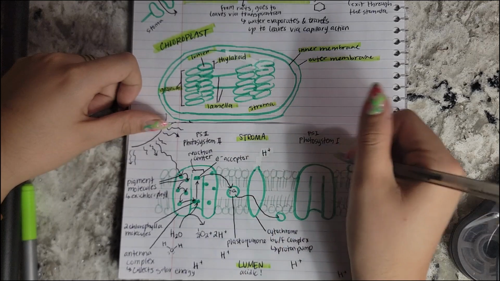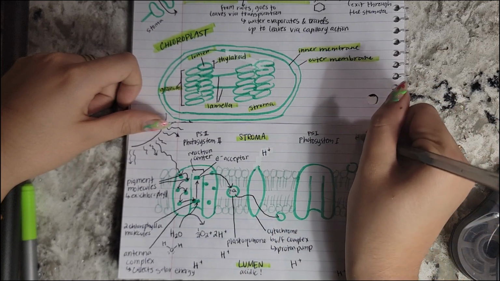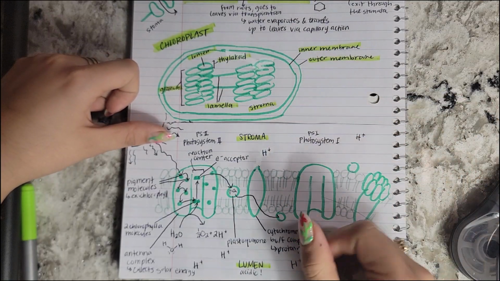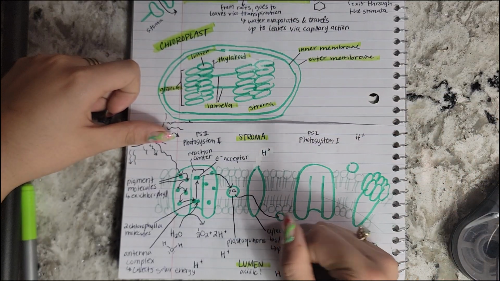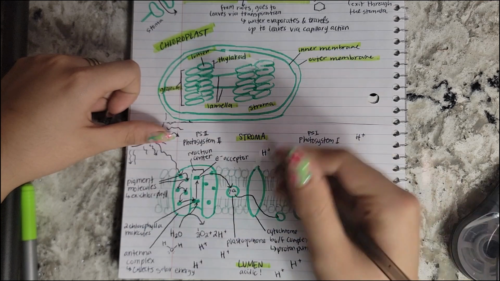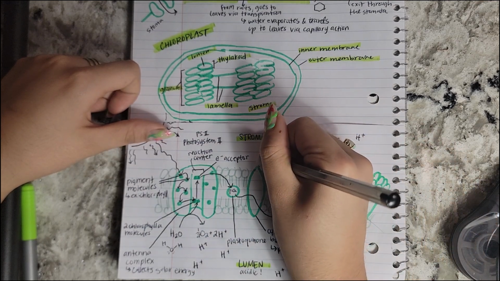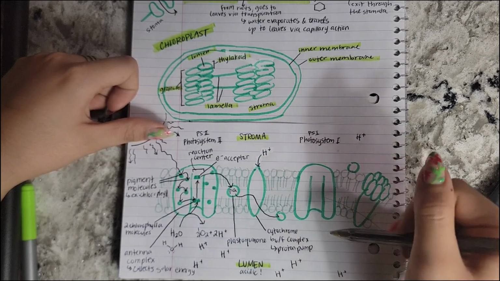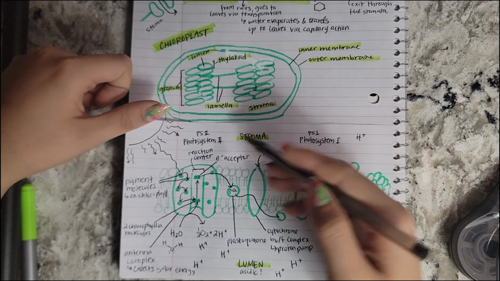So there's a couple protons in the stroma, like I'm going to draw 2. There's definitely more than 2, but like we want to make it look like there's a ton in here and like not that many in here. So the proton will go through here, and the cytochrome B6/F complex is going to use energy to push it through.